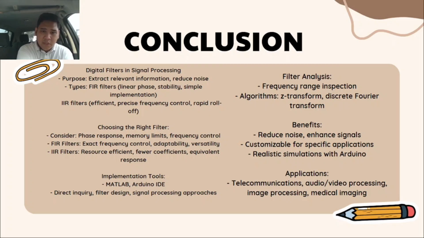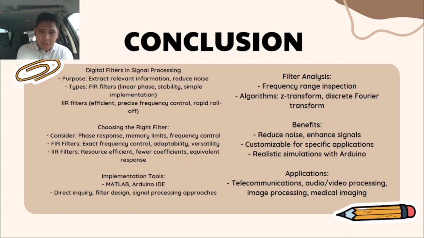FIR filters have exact frequency control, adaptability and versatility, and IIR filters are resource efficient, with fewer coefficients and equivalent response. The implementation tools that we use are MATLAB and Arduino IDE. MATLAB is the software and Arduino IDE is the hardware.